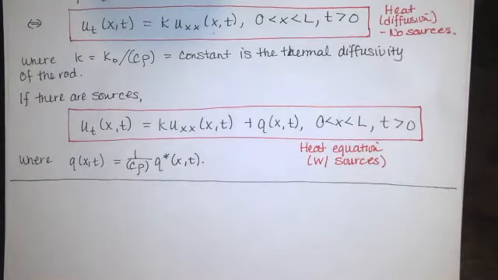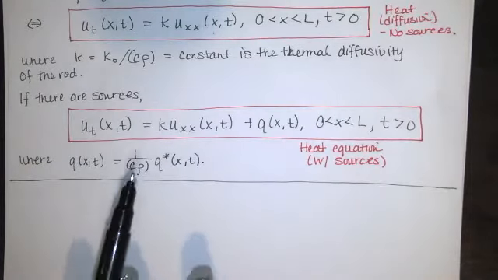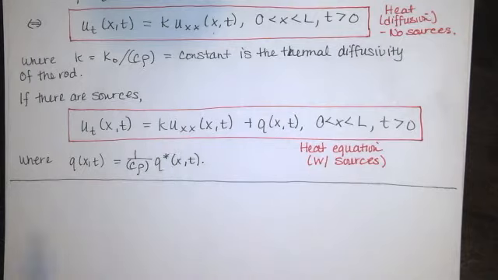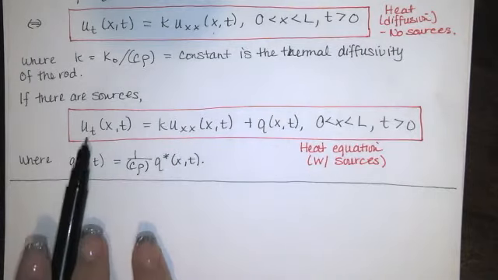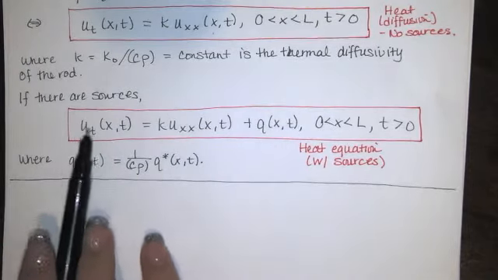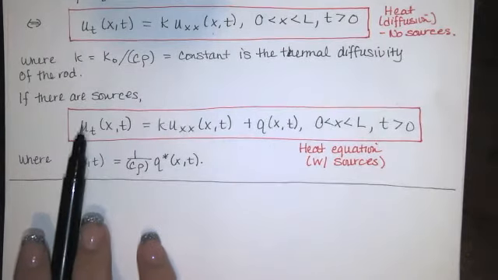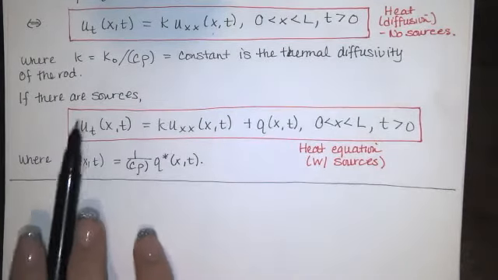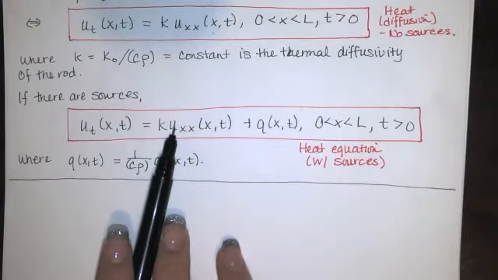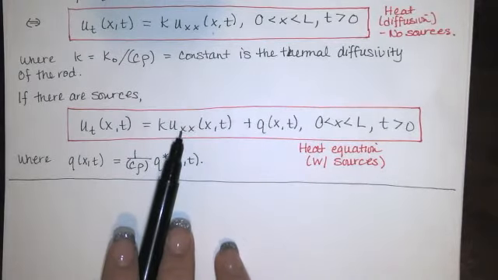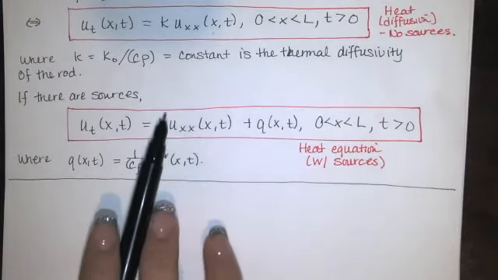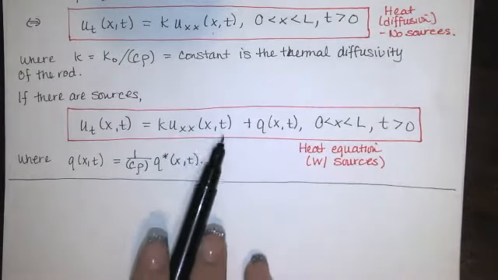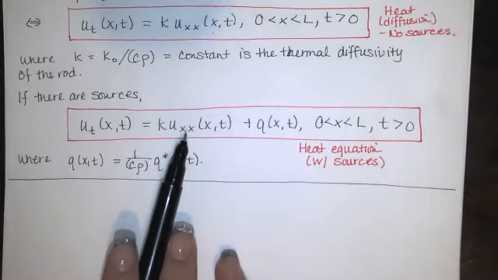But if we want to describe that temperature, if we want to find U of x and t, we're going to need more information. Since we've got a partial derivative of U with respect to time, we're going to need one initial condition for time. Since we have a partial derivative of our temperature function with respect to x twice, we're going to need two boundary conditions.